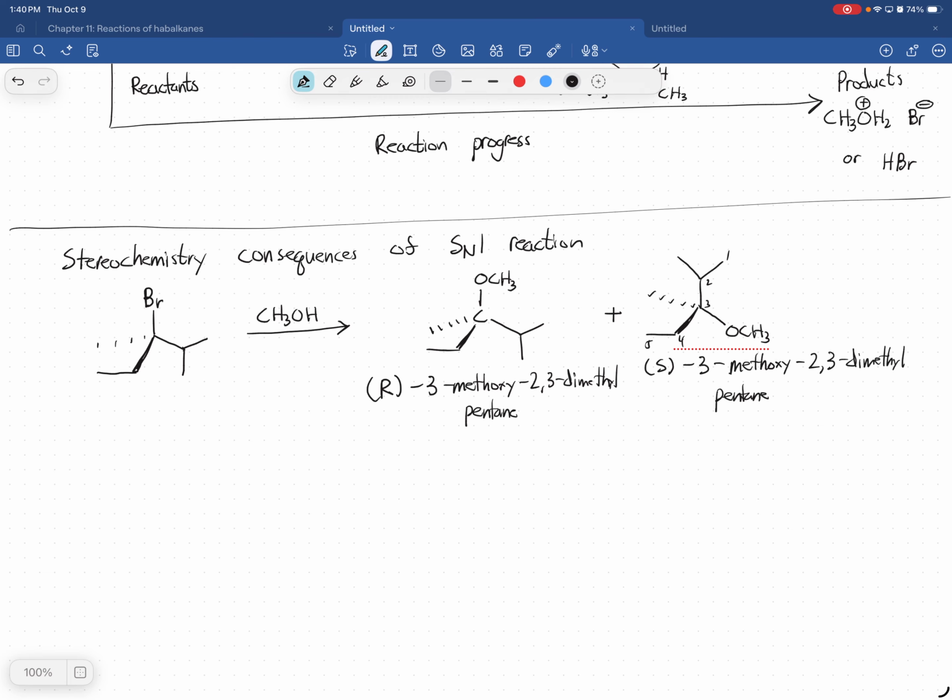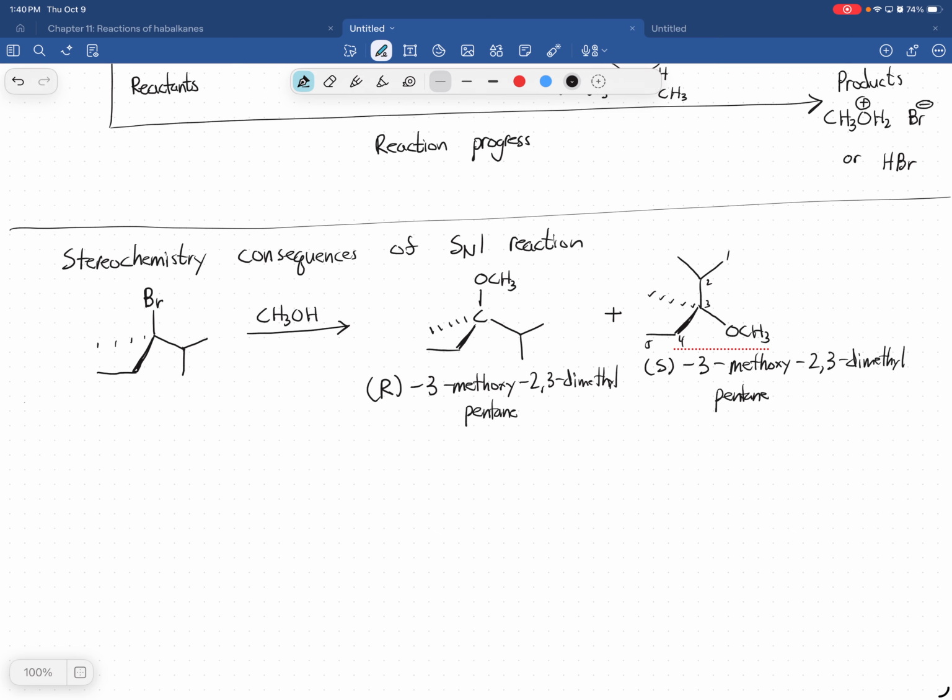So what about the starting material, though? The starting material is RS. The one on the left, is that R or is that S? Yeah, good.